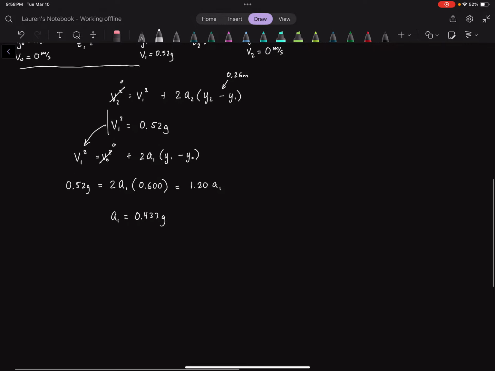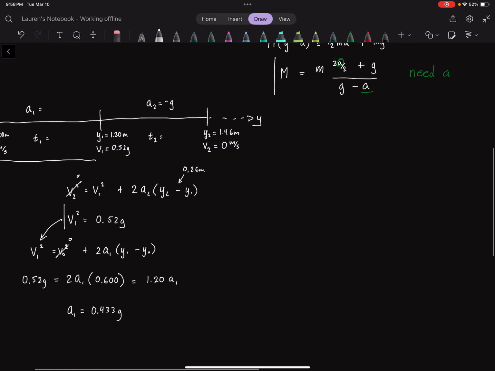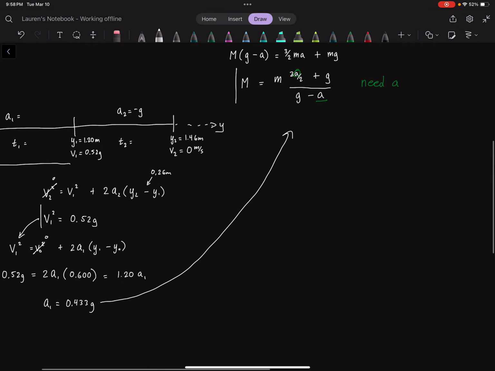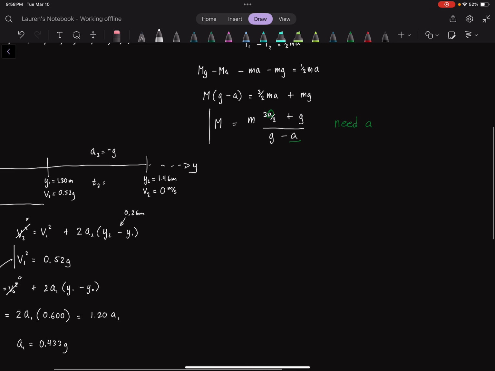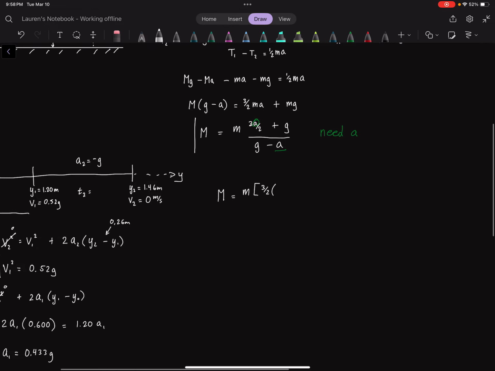All right. So that's our A, and we can take that and plug it in for both places over here. So we have big M being equal to little m times 3 halves times our A, which is 0.433 times G, and I'll do the parentheses outside because that's all the one thing.